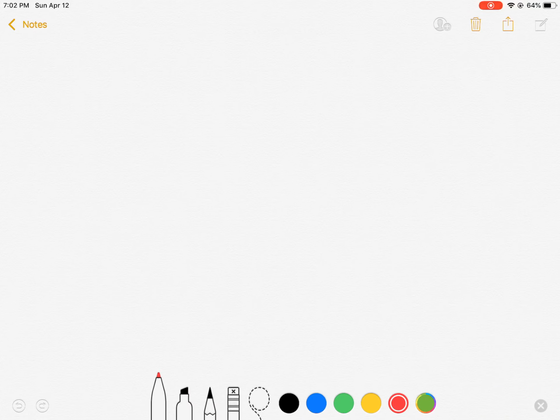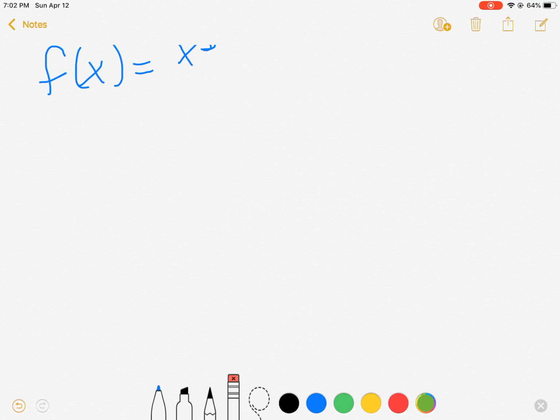Example 1 asks us to graph f of x equals x cubed over x minus 1.